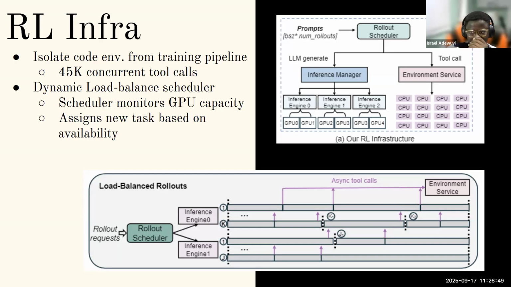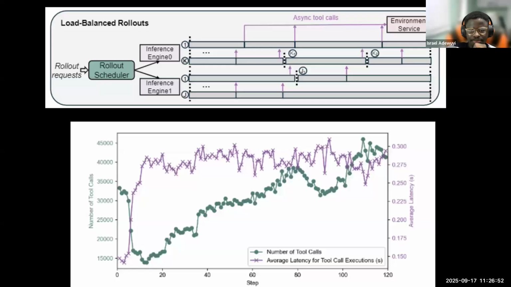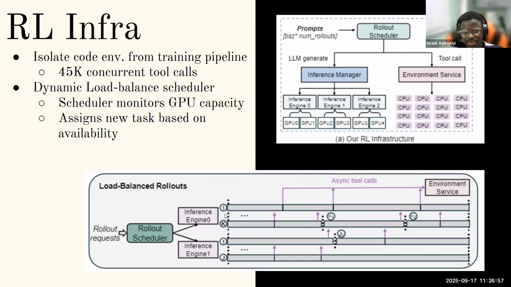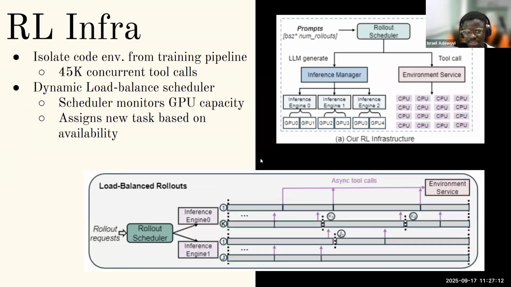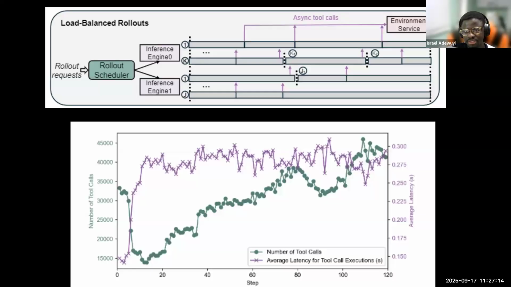So yeah, this is the RL training infra. There are these charts from the paper that look like you have a bunch of idle time in the rollouts, and with a more efficient environment service, you're able to make everything as compact as possible and evenly distribute load among all of the GPUs.